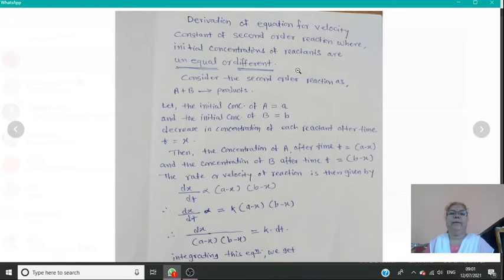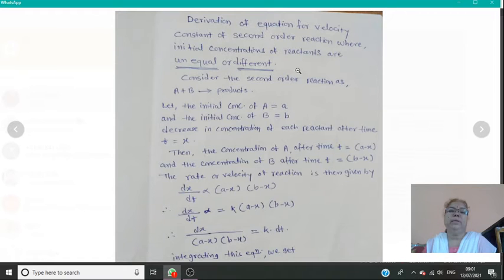For the chemistry lecture, in chemical kinetics you have studied what is the rate of reaction or velocity of reaction, then specific reaction rate, what is molecularity and order of reaction, distinguishing points between order and molecularity.